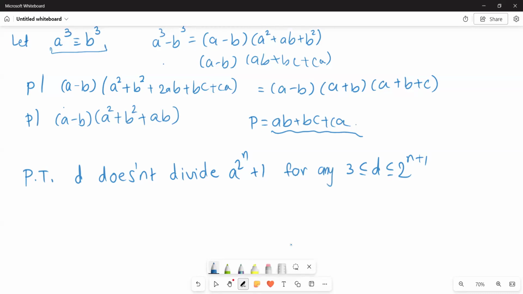I have an idea. Can I share? Yeah, sure. We can let P divide A to the power 2 to the power n plus 1. Let P divide this.